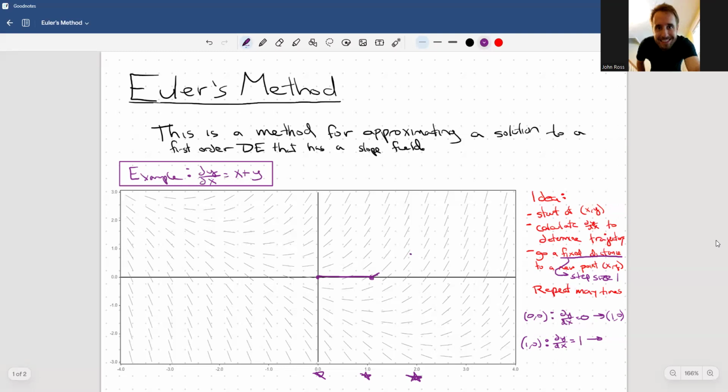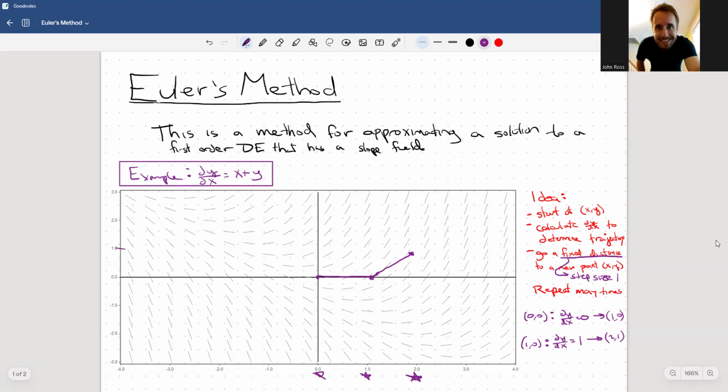So that's going towards the point 2 comma 1. I'm just visually identifying it there to make sure that my picture stays semi-clean. And now this is supposed to be a nice straight line from our old point to our new point, and our new point is the point 2 comma 1.